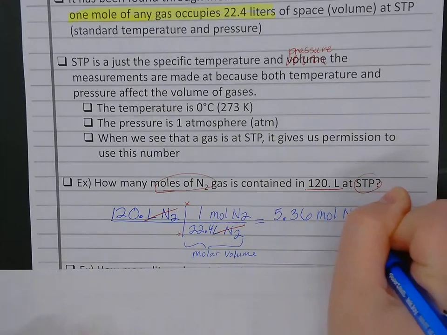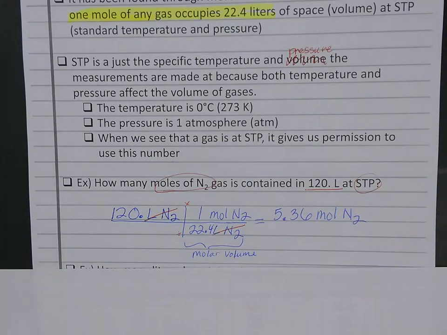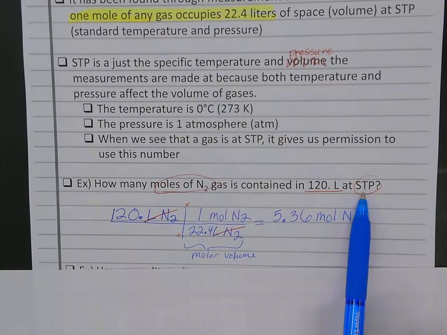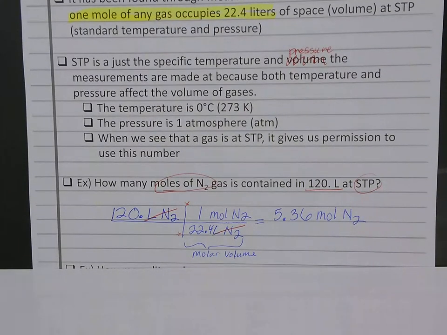Moles of nitrogen. So what does this mean? If I have 120 liters of nitrogen and it's at standard temperature, so it's at 0 degrees Celsius, and standard pressure, so 1 atmosphere of pressure, it will be equivalent to 5.36 moles of nitrogen. All right, so based on that volume, we can figure out how many gas particles we actually have, how many moles we have of it. You okay with that? Yeah.